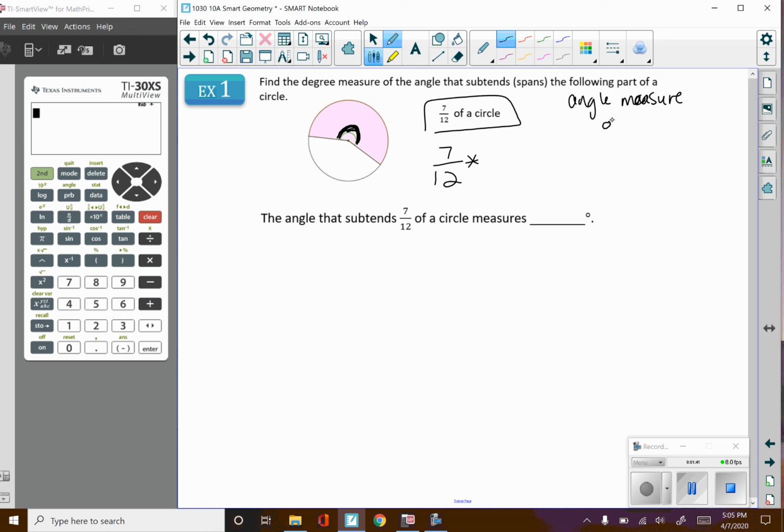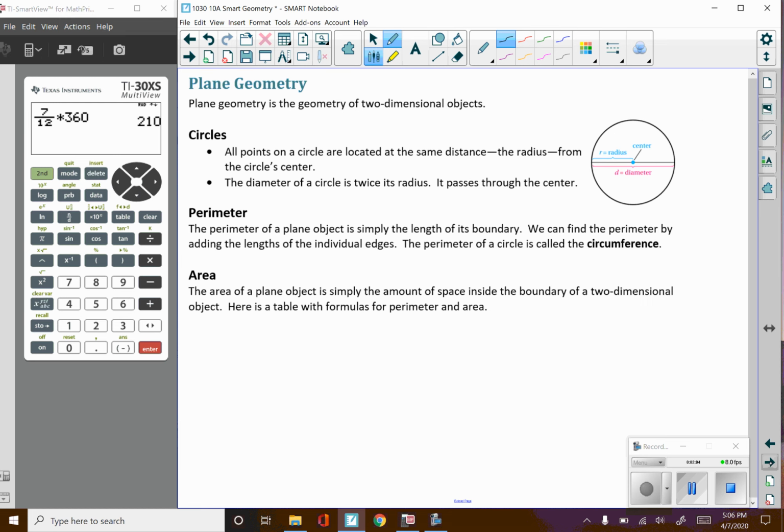The angle measure of a full circle is 360 degrees. So 7/12 multiplied by 360 will give us our angle measure. 7/12 of the circle multiplied by the full angle measure is 210 degrees. And that is it.